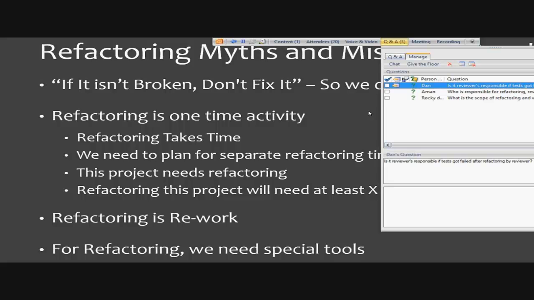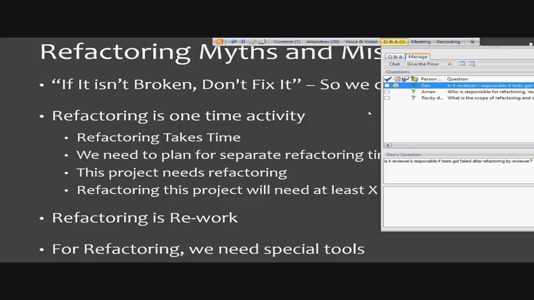Is it the reviewer's responsibility if a test failed after refactoring by the reviewer? I certainly think, and that's how we practice, that reviewers are kind of your assistants. The ownership or authorship of that particular code still remains with the developer. Though we say it's a shared responsibility, those other guys who have not written your code, the reviewers, are actually helping you identify defects or opportunities to improve your code.